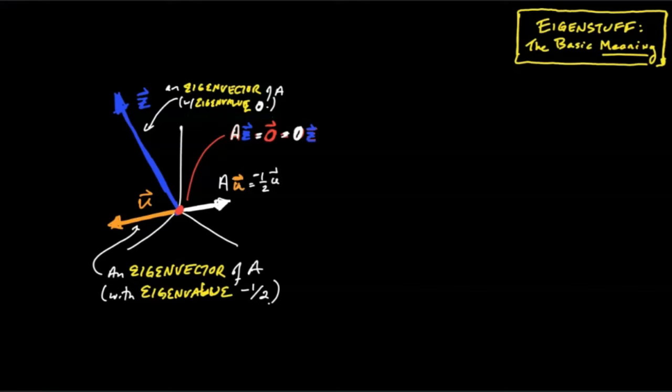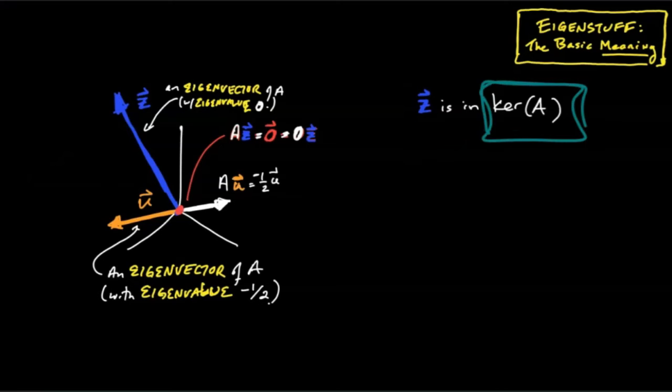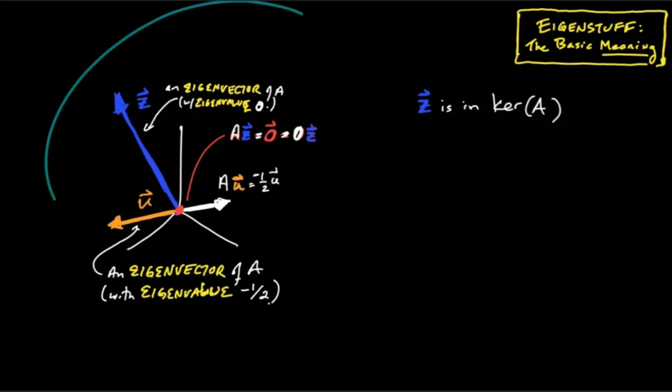How do I know this? Well, some basic linear algebra vocabulary practically leads us by the nose to this fact. After all, what does the matrix A do to vector z? It kills it. It sends it to the origin, to 0, which means that vector z lies in the kernel of A, because the kernel of A, by definition, is the set of all vectors in R3 that get mapped to the origin.